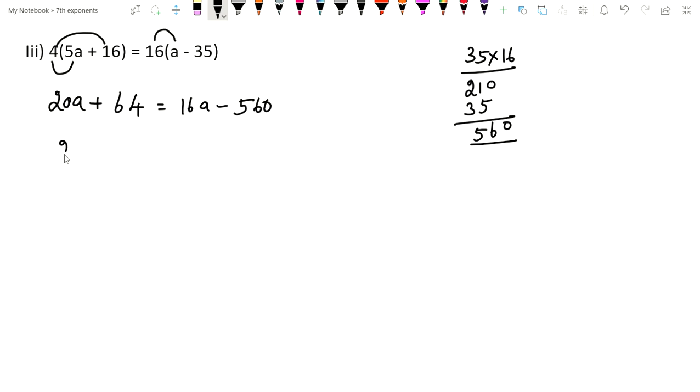So 20a minus 16a equal to minus 560 minus 64. Okay, addition will change to subtraction on the other side.